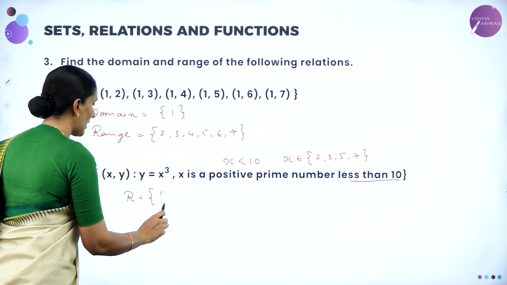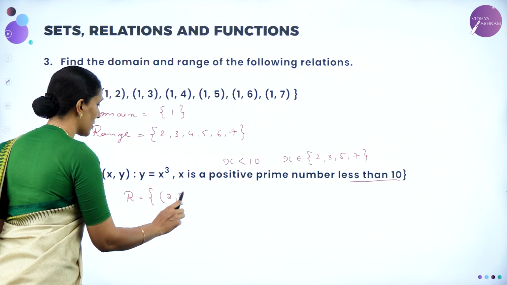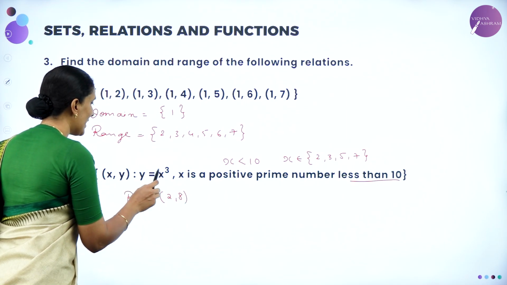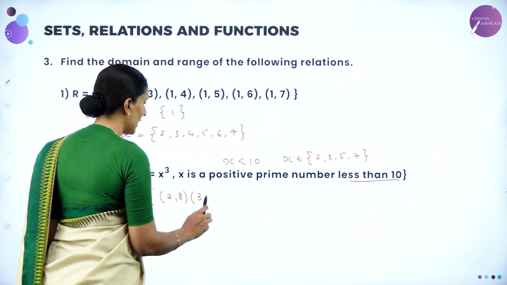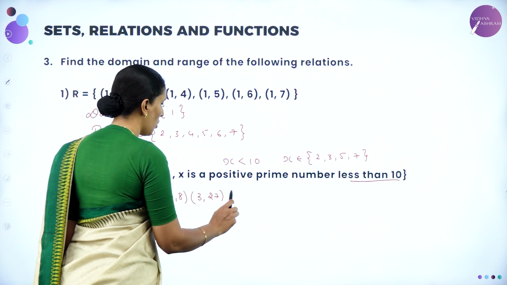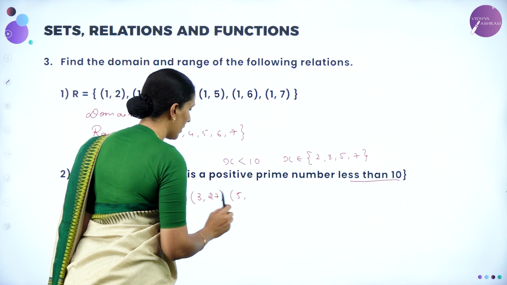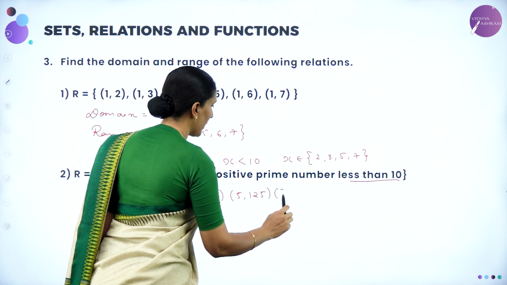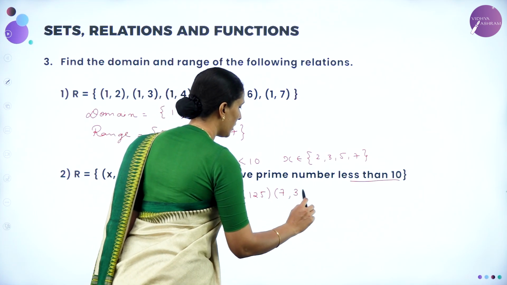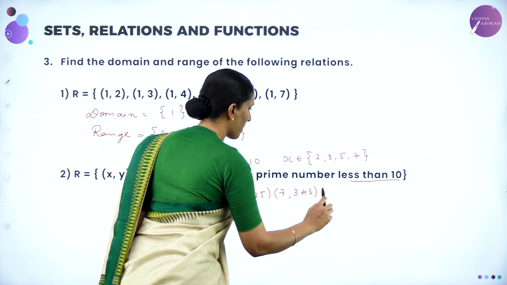So the very first element is (2, 8) because x is 2, y is written as x cube. So 2 cube is 8. Next 3 cube is 27. Next ordered pair is 5 and 5 cube is 125. Next ordered pair is 7 which is equal to 343.